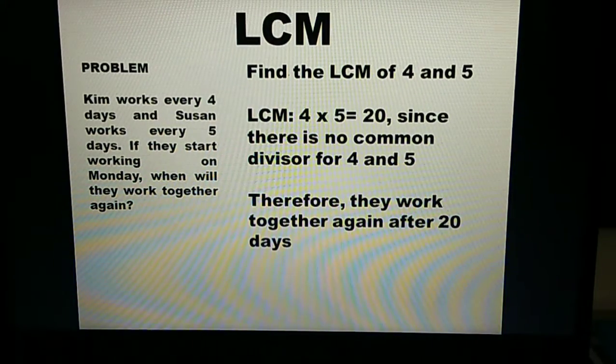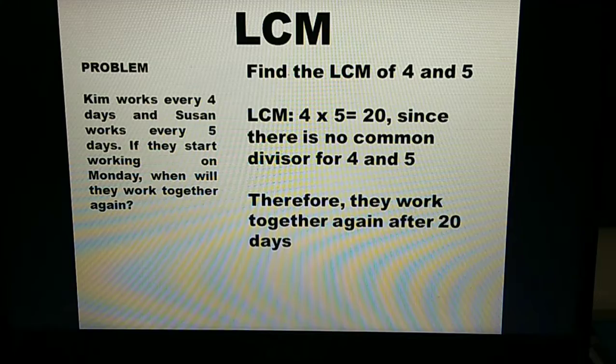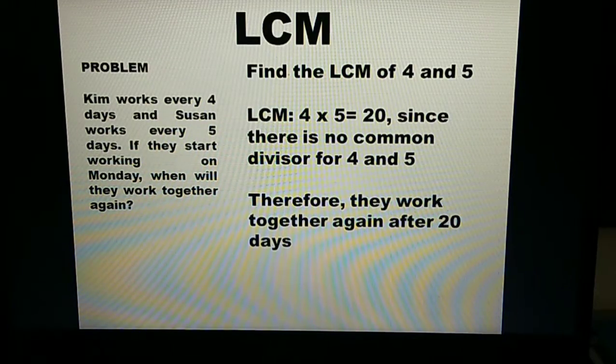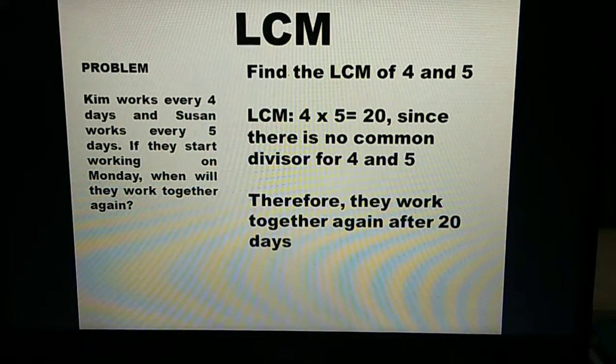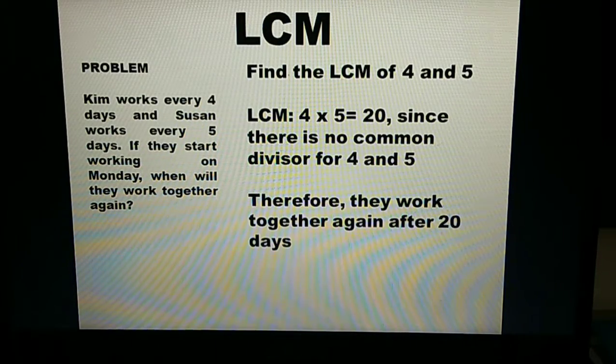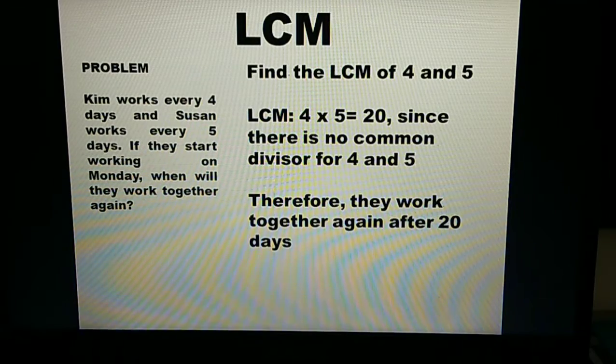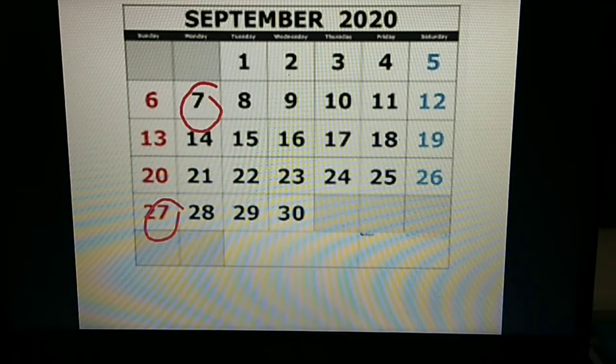So, what does it mean? If our LCM is 20, it means that they work together again after 20 days. So, when is that, after 20 days? As stated in the problem, they start working on Monday, so from Monday, we're going to count 20 days. I have here the calendar.